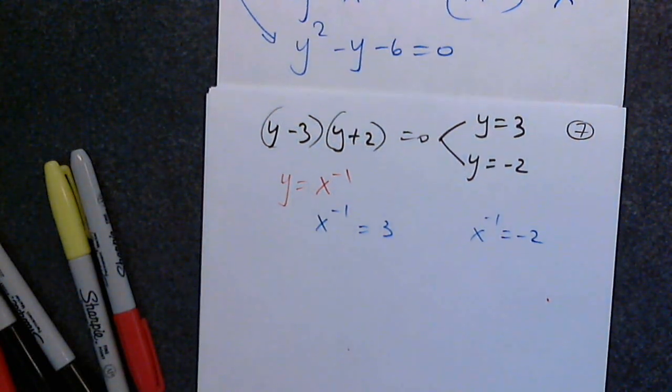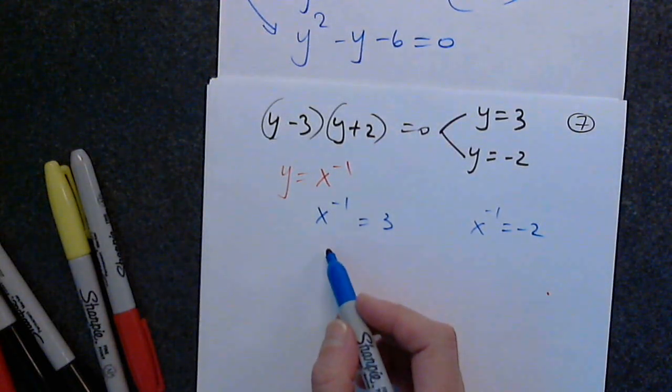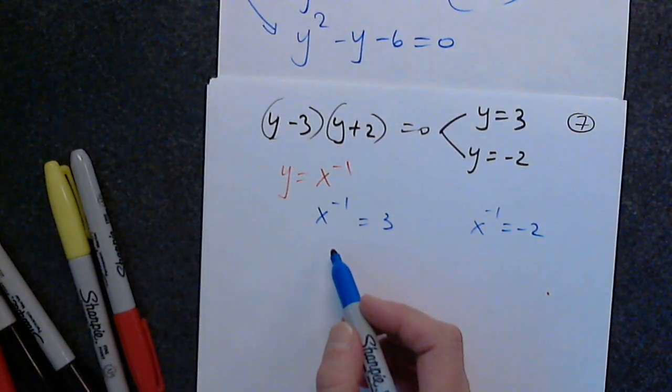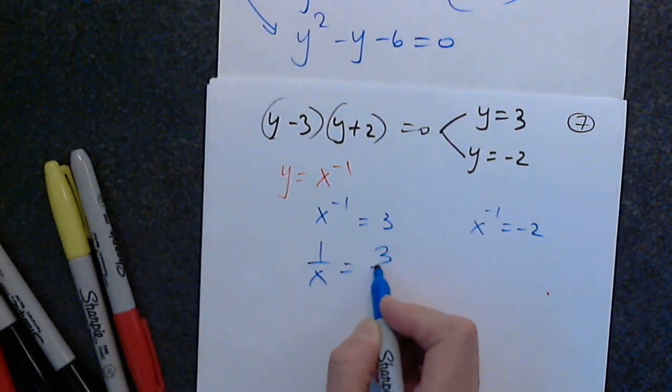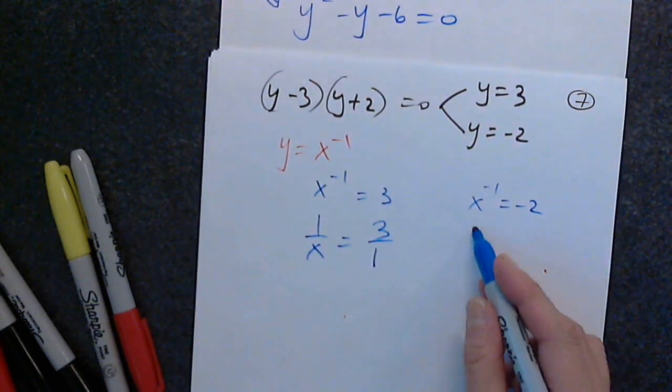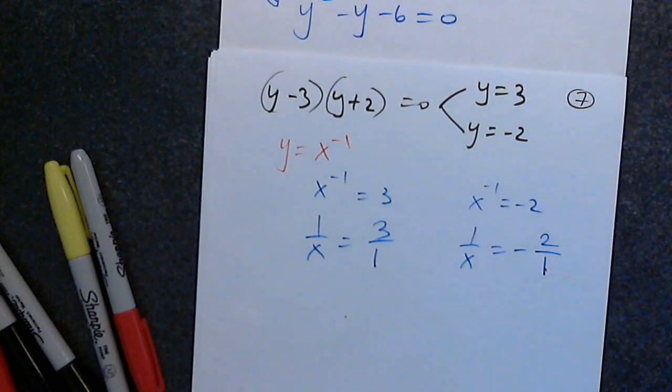Good. Now I have to go back and replace x to negative 1 by what it equals. What does it equal? Perfect. 1 over x is 3 over 1, and 1 over x is negative 2 over 1.